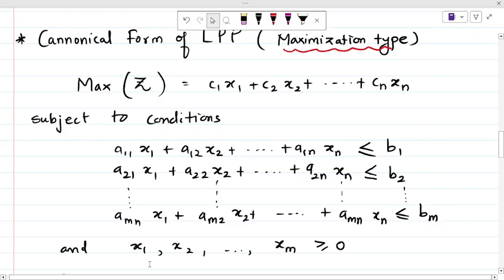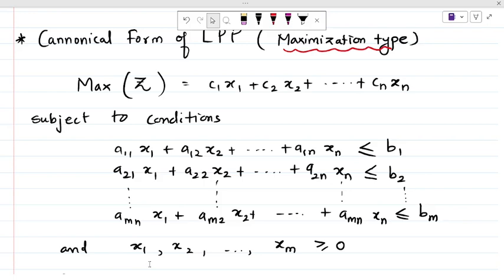Maximization type is the very standard and the easiest one to begin with, but when you begin over here itself, there are cases that start coming to mind, theoretical cases, and in practice they are very useful. So we clear out all the cases in the beginning itself.